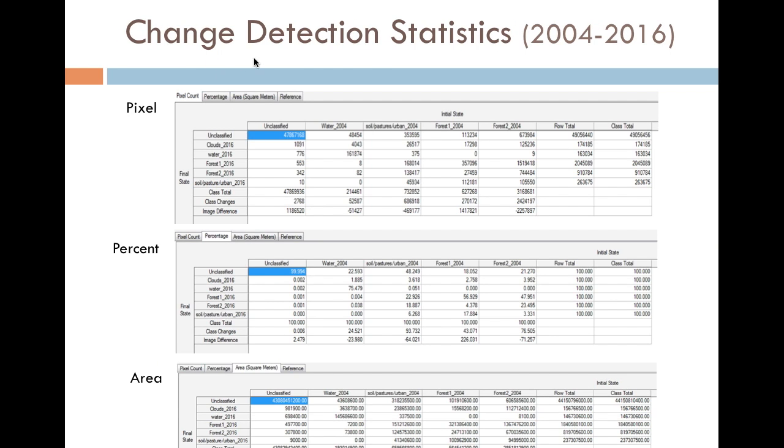And then this is my change detection statistics for 2004 to 2016. For my percentage, for Forest 1, there was a 226% increase, and then a 71% decrease in Forest 2.